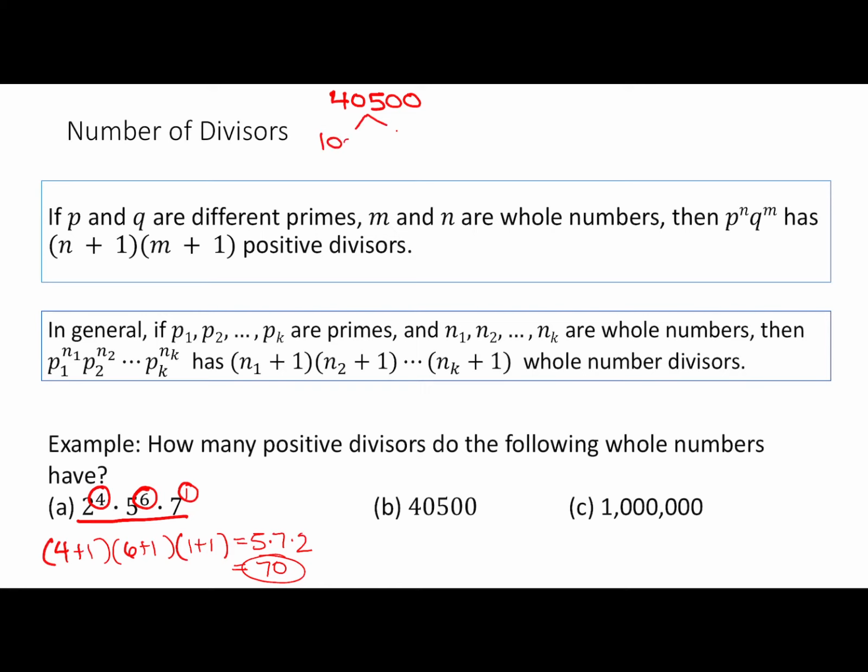So I can think of this as 100 times 405. 100 is 10 times 10, and that's 2 times 5. 405 is divisible by 5. I get an 81, and that's 9 times 9. So what do I have here? I have 2 cubed times 5 cubed times 9 squared.